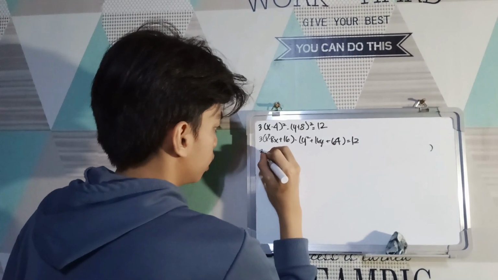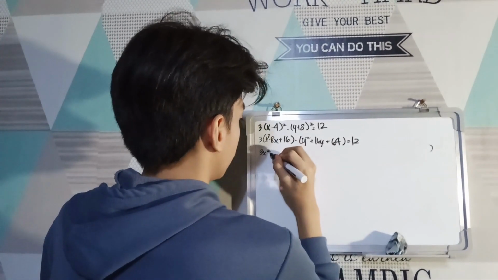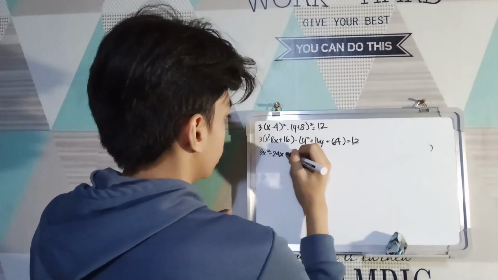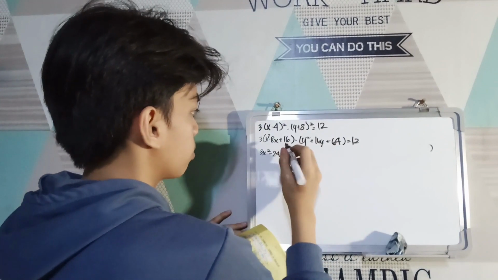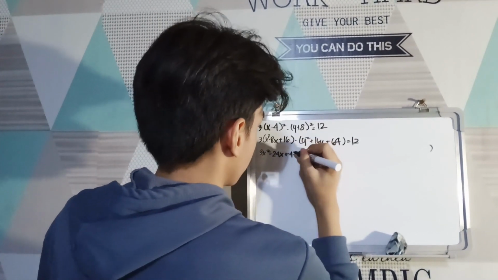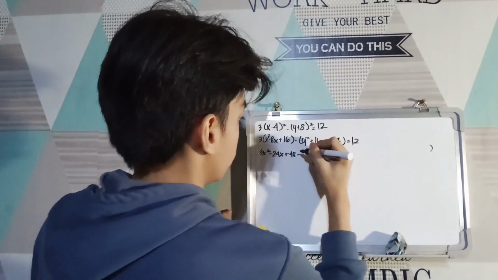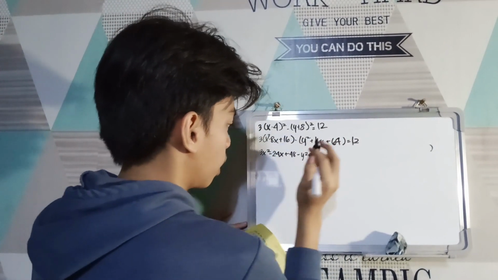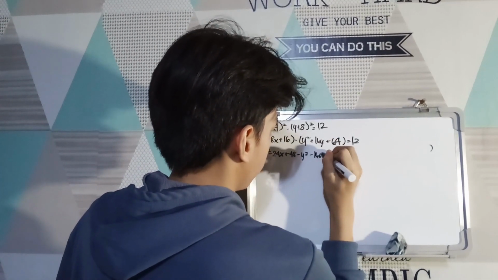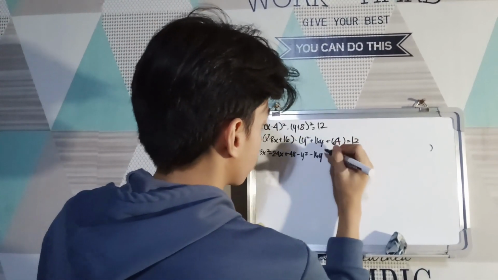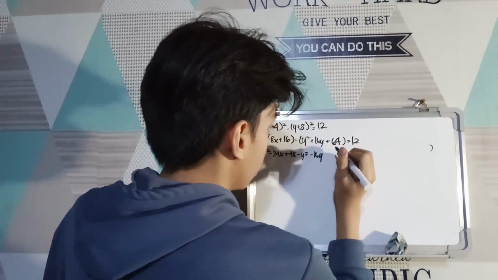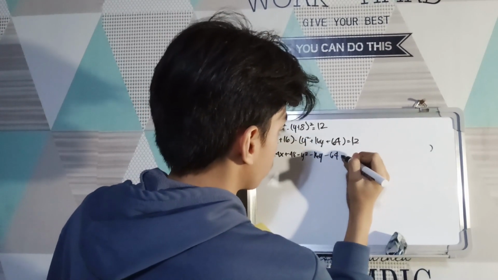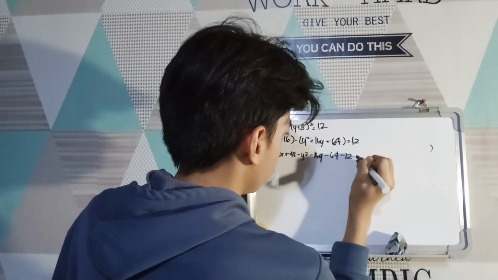So, magiging 3x squared minus 3 times 8, 24x, plus 3 times 16, 48, minus y squared. Si positive 16y magiging negative since subtraction na, so negative 16y, minus 64. Then transpose 12 sa left hand side, so magiging negative 12 equals 0.